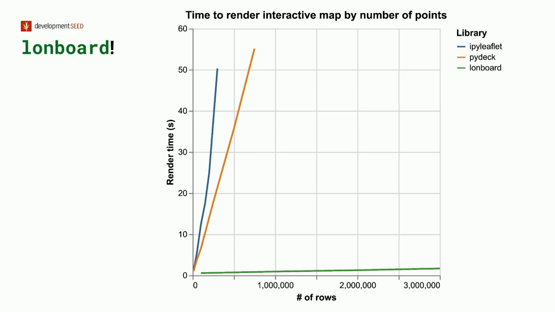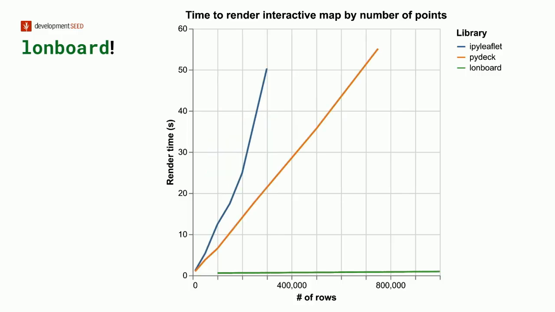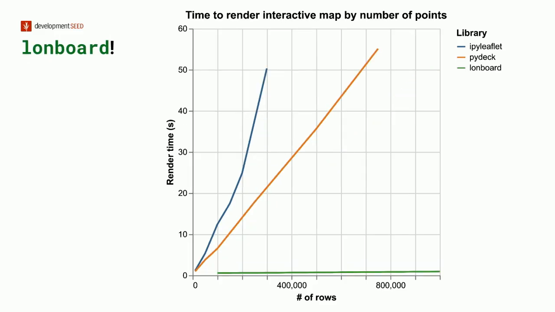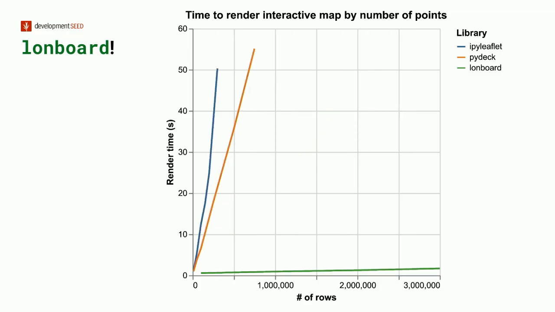Ipyleaflet and Pydeck, that was kind of the end of the chart. This is as many rows as you could plot in Pydeck before it would crash, and in Ipyleaflet before it would crash. But here, we can plot more data way faster than existing libraries.